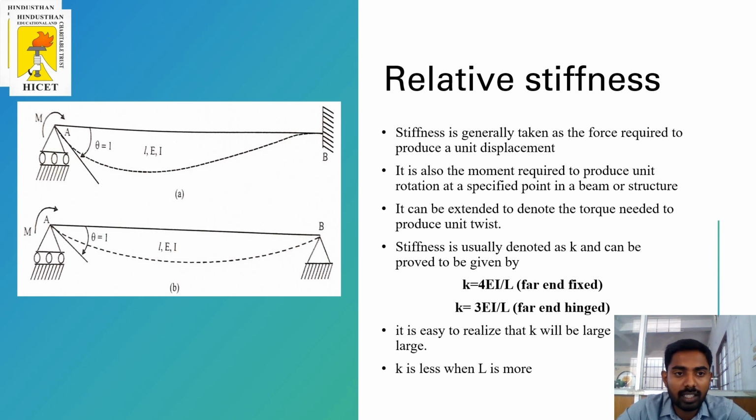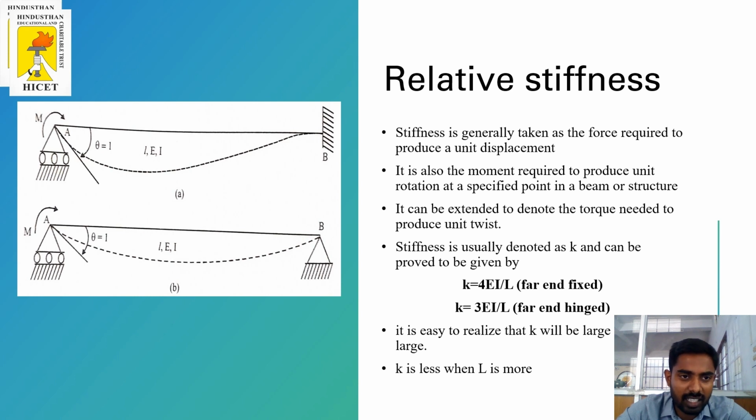If you are considering this beam AB, we need to find the moment MAB. Here M indicates the moment, A indicates the near end and B indicates the far end. If the B end is a fixed condition, we use the formula K equal to 4EI by L. Since we are going to take MBA, B is the near end and A is the far end.